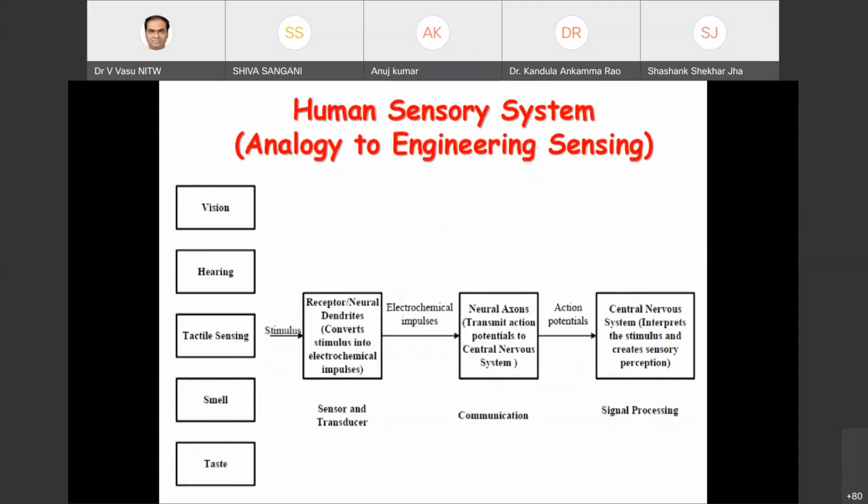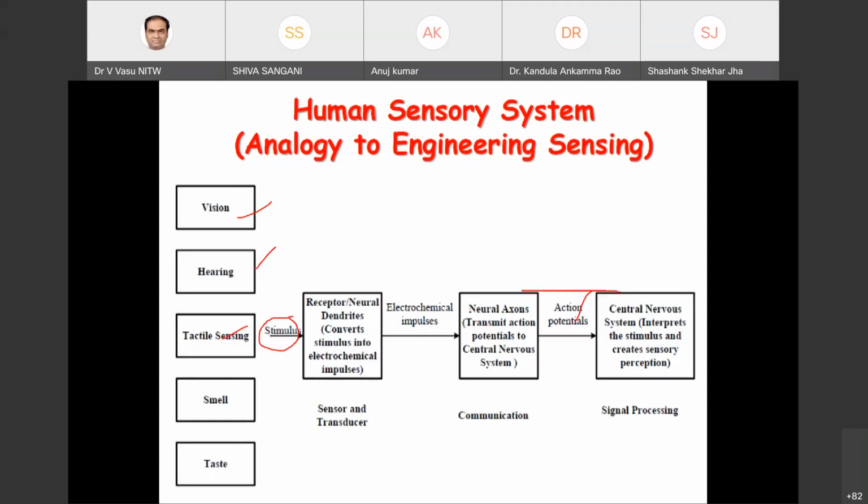And if you see in a broad classification, the vision, hearing, tactile sensors and smelling in the human system generate a stimulus. That stimulus means it is a signal, and that stimulus signal is sent to the central neural system, and the central neural system gives the command or action potential that activates the neurons of the particular system.